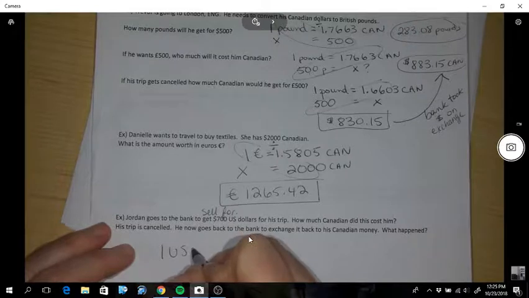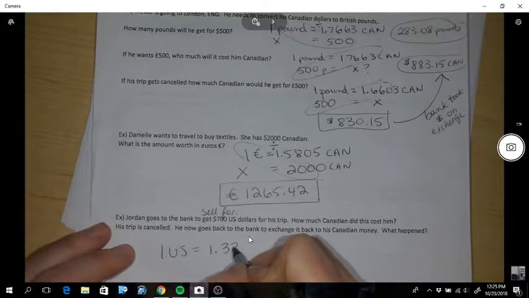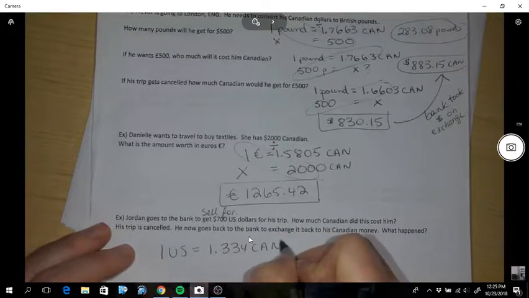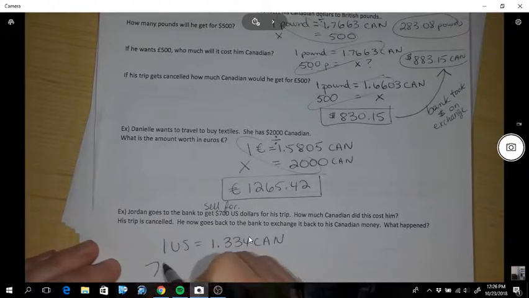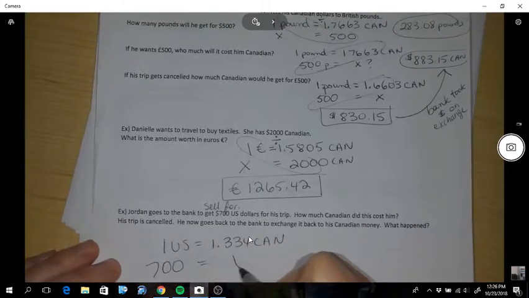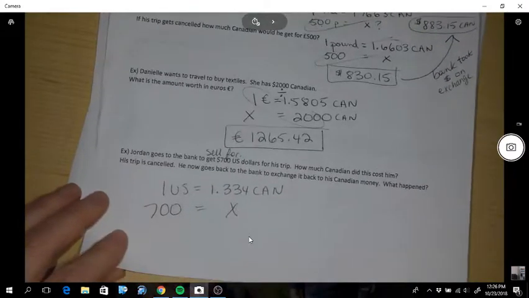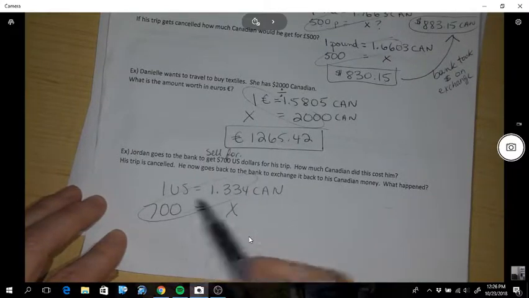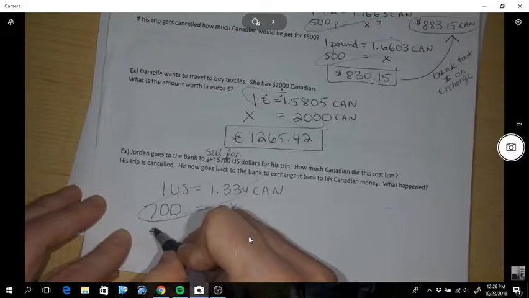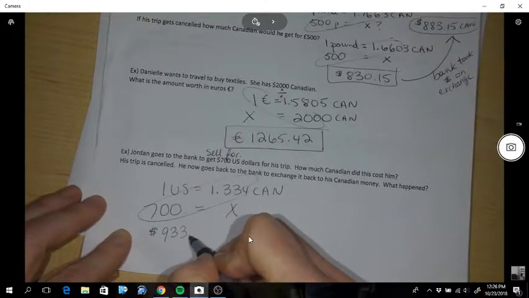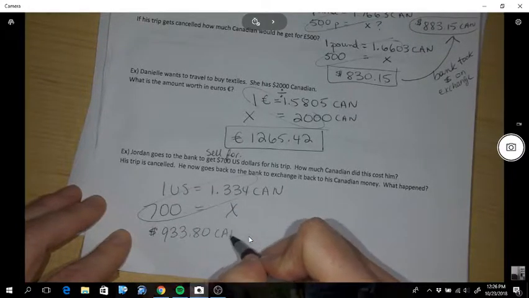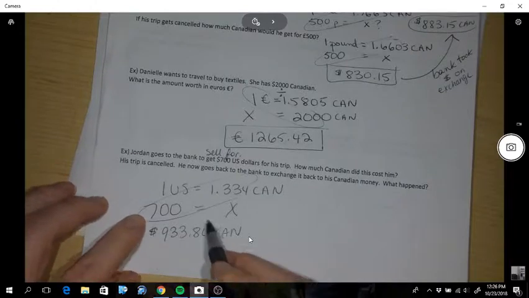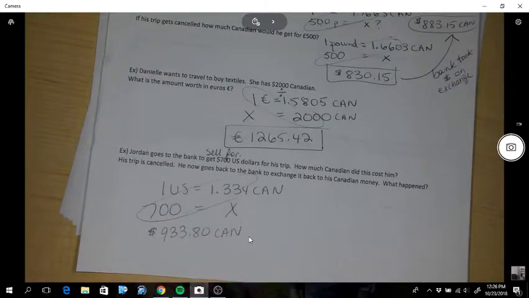So $1 US is going to cost 1.334 Canadian. So then 700 US would cost how much Canadian? That means you would times those. So 933.80 Canadian is how much it costs you to buy that $700.